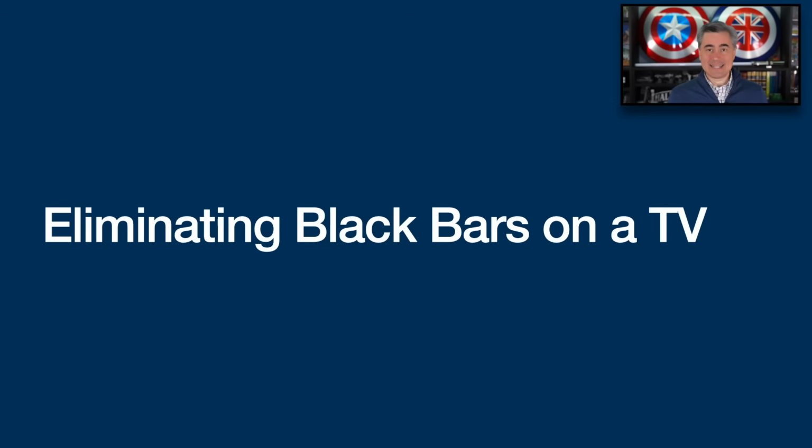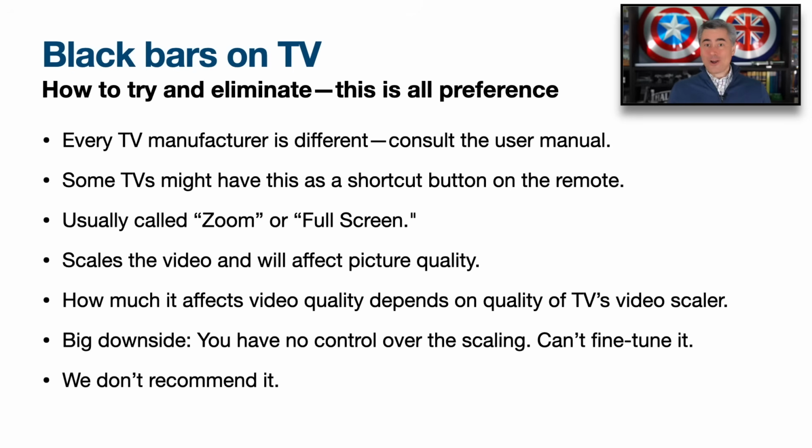How do you eliminate these black bars on a television? Well, there are ways to do it, and it really is going to depend a lot on the television manufacturer. There are some commonalities that I'll talk about here, but really you need to consult the user manual if this is something that's important to you, because there's not necessarily a standard that they follow.